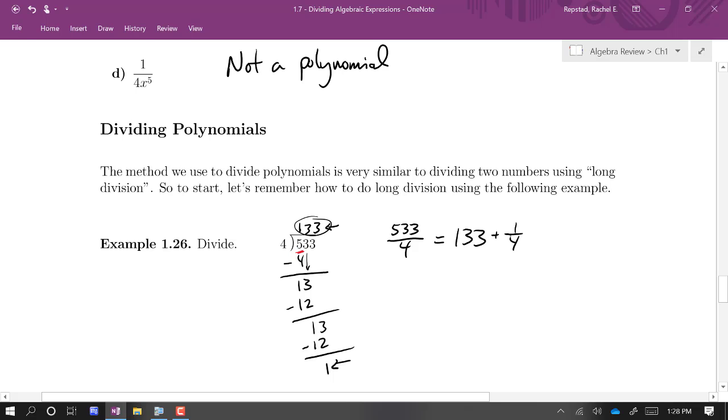Normally we would write it as a mixed number, 133 and a quarter, and it's fine to write it that way. But when we say 133 and a quarter, it really means that we're adding them together, and I want us to remember that because that will be important when we do this long division with polynomials.